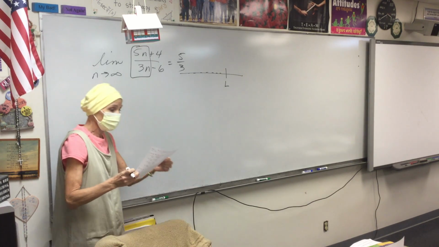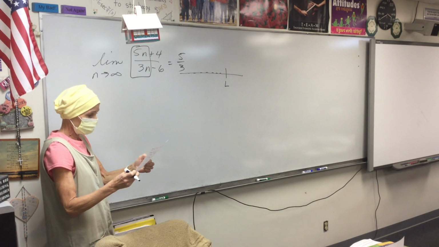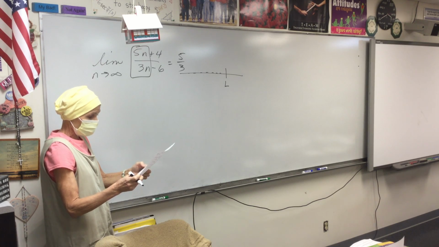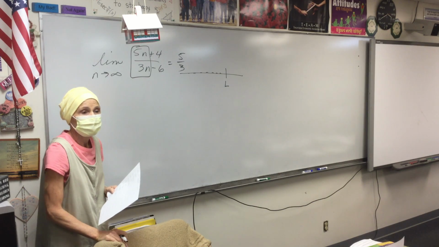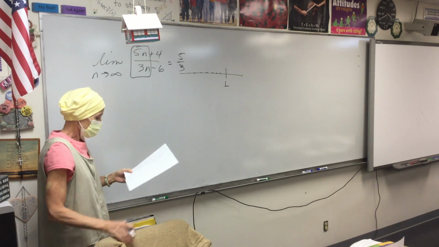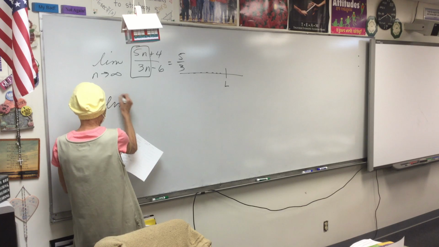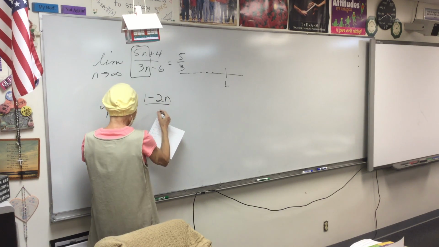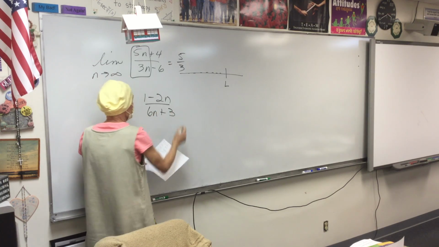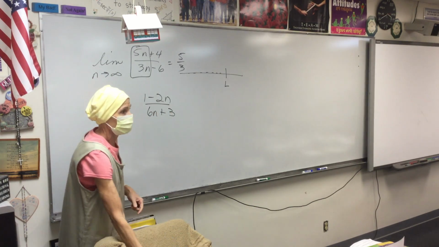So when I look at, let me find another one like that. That's the answer. So now I'm going to skip down to number 9. Now when I get to number 9, think about letting n be a huge, huge number, like 1,000,000.